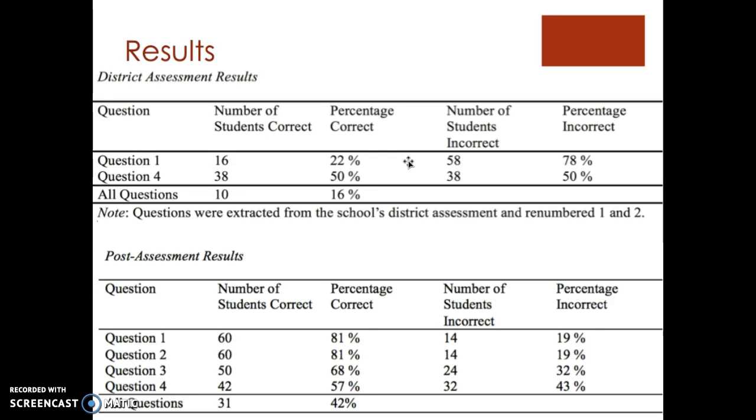And looking at questions 3 and 4 on the post-assessment, those questions involved 3-dimensional objects, and even though those had a lower accuracy compared to those dealing with 2-dimensional objects, students were still performing at an average of 35.75% higher than the district assessment. So there was a definite increase in student achievement.